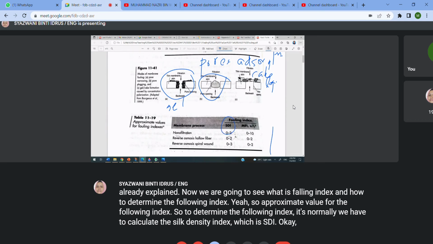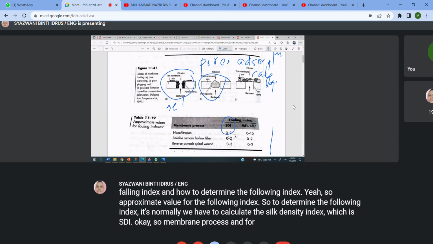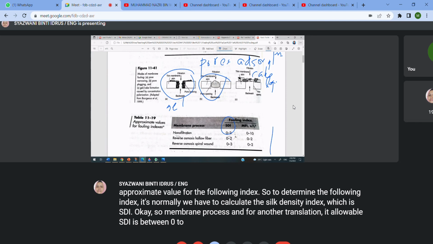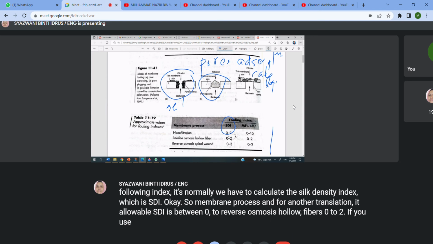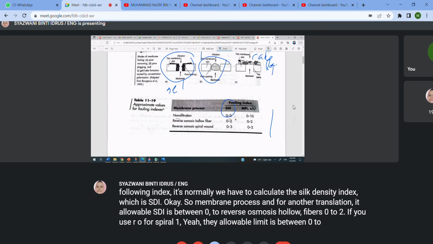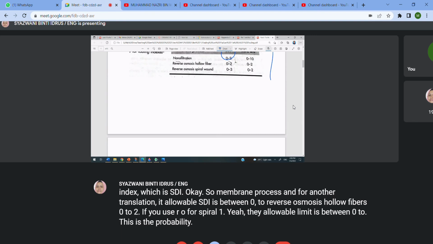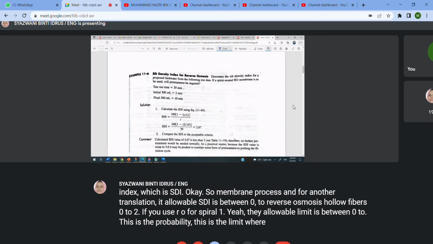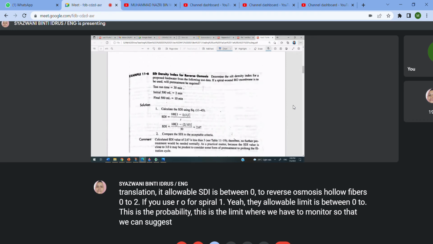For the membrane process, for nanofiltration, the allowable SDI is between 0 and 2, and for reverse osmosis hollow fiber, 0 to 2. If you use RO spiral wound, the limit is between 0 to, this is not an allowable limit. This is the limit where we have to monitor so that we can suggest pre-treatment.